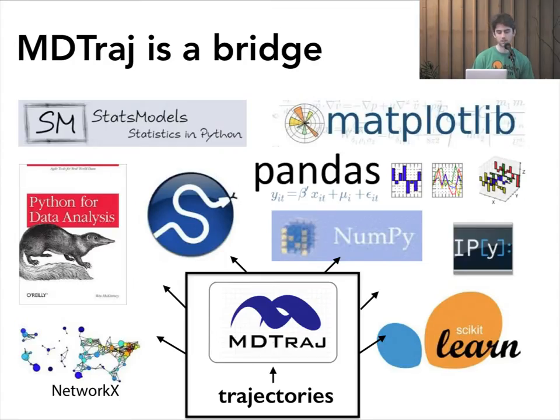Okay, so that's what MD-Traj is, and MSM Builder is one of the applications that uses MD-Traj. So things like RMSD that are not specific to Markov models, but are specific just to molecular dynamics and measuring distances.